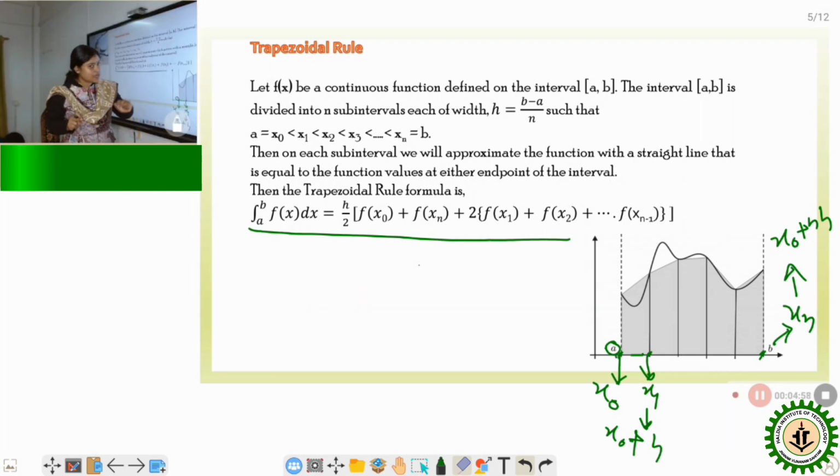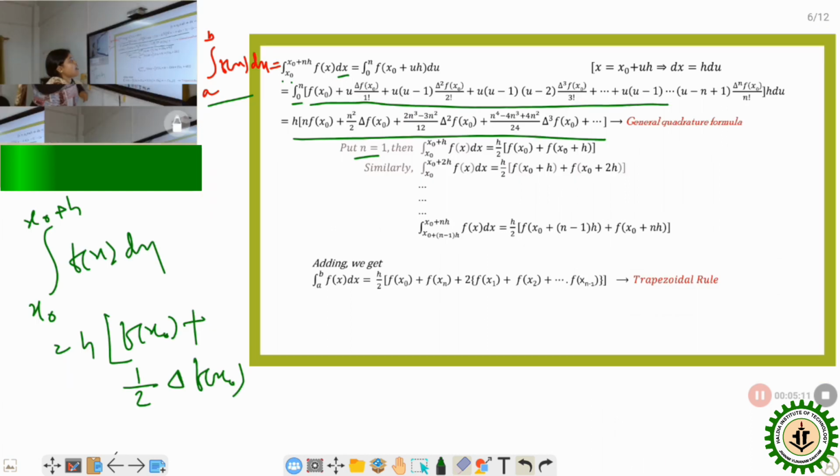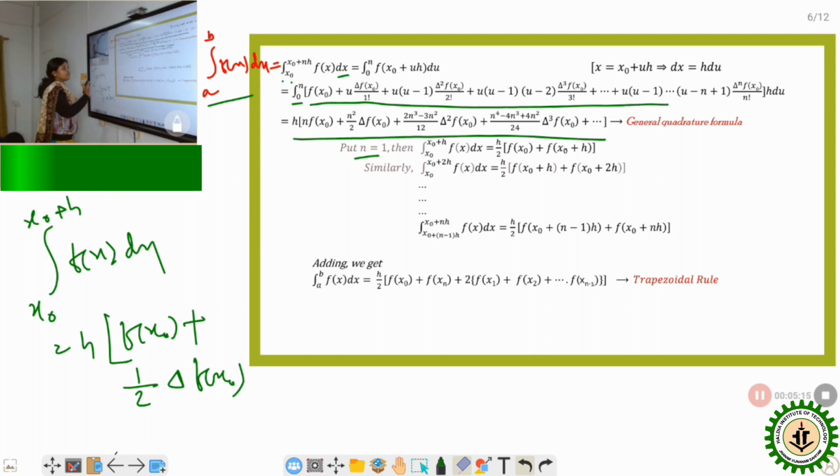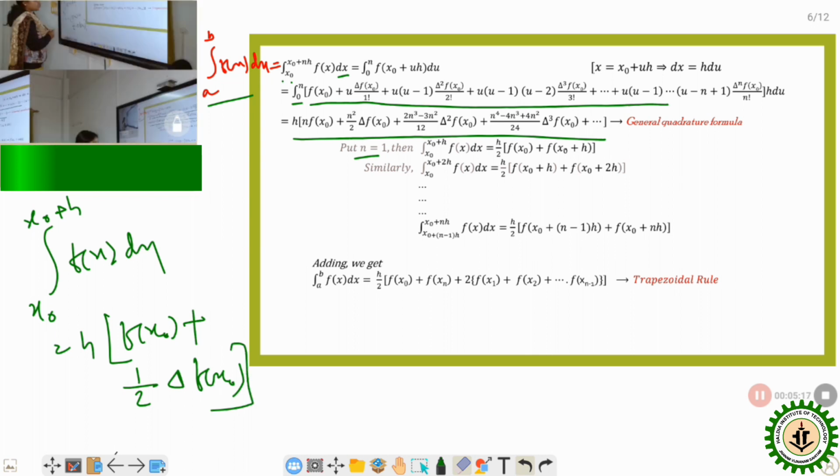Simply x naught and x1. X naught and x naught plus h. x1 means x naught plus h. So using these two values of x and corresponding f(x), we will get simply up to delta f(x naught). The next portion will not arise in case of trapezoidal. So this much portion we will get.